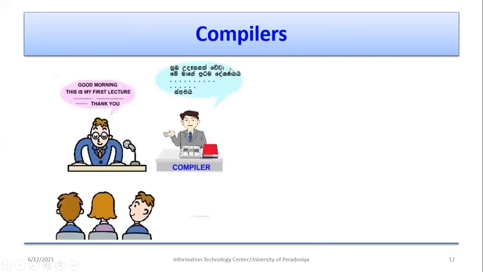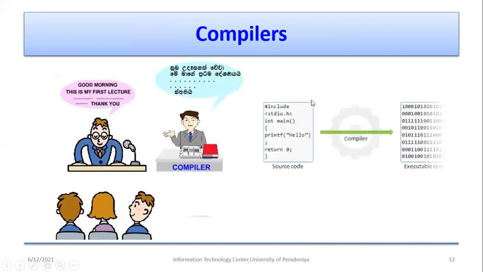I'll explain again. In a compiler, they translate the entire source code, or an entire lesson or lecture, at once. They translate the entire code into machine code at once. That is compilation.